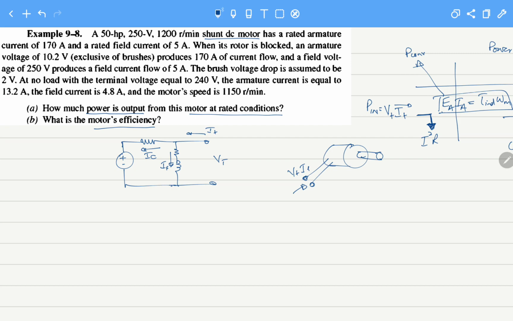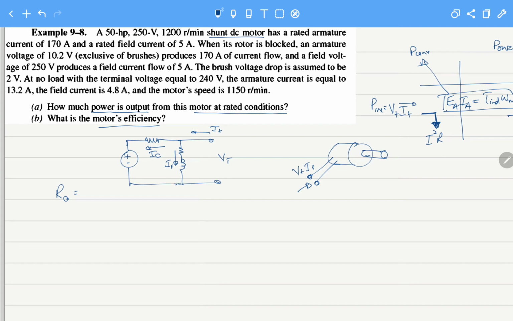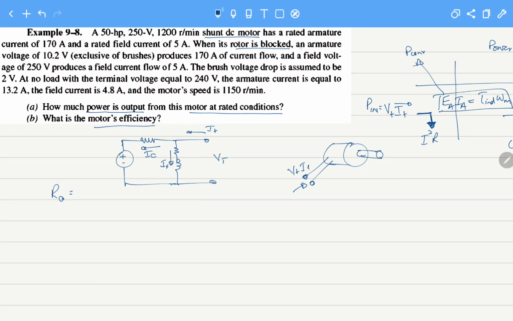So let's calculate the armature resistance RA of the machine. It says when the rotor is blocked, an armature voltage of 10.2 volts produces 170 ampere of current flow, and a field voltage of 250 volts produces a field current of 5 amperes.